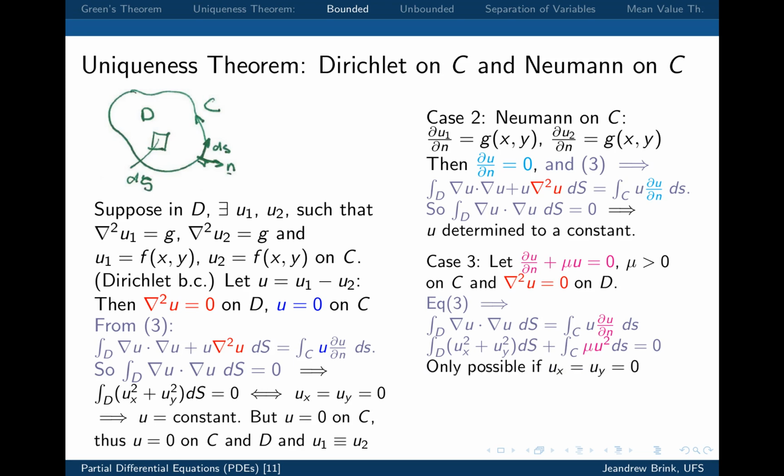So we once again have that ux, uy is equal to 0, so it's a constant function. And from the boundary integral we have that u is equal to 0 on the boundary, and so uniqueness follows. Okay. Very powerful. So for all these three conditions, depending on the boundary condition, you have to find a solution, and then you know you've got the unique one.